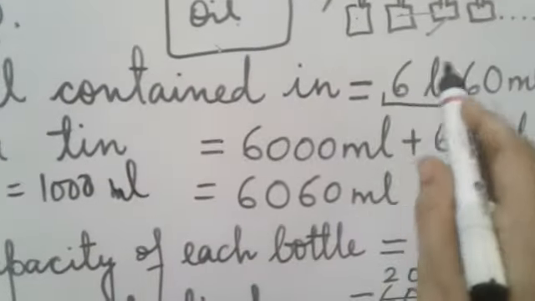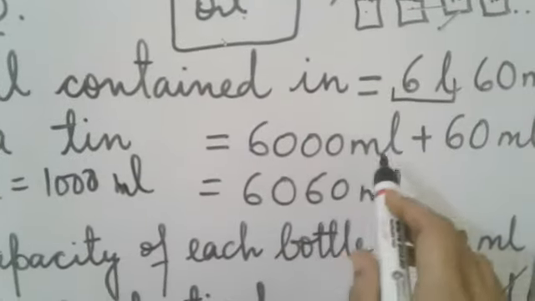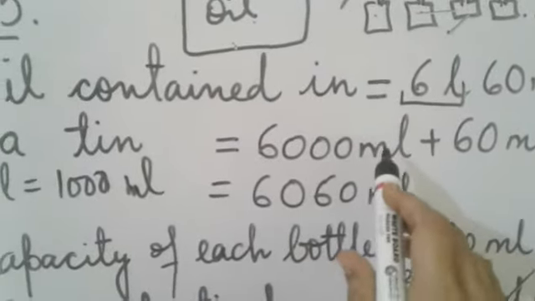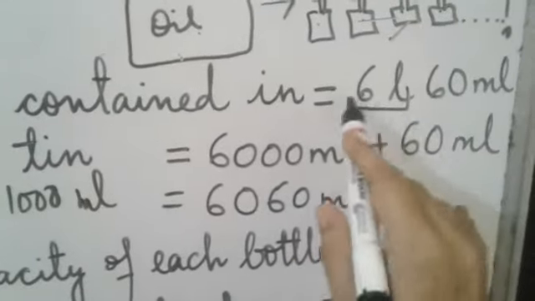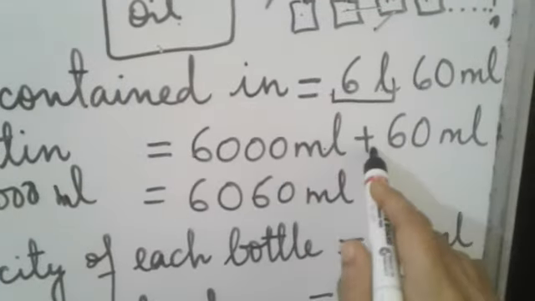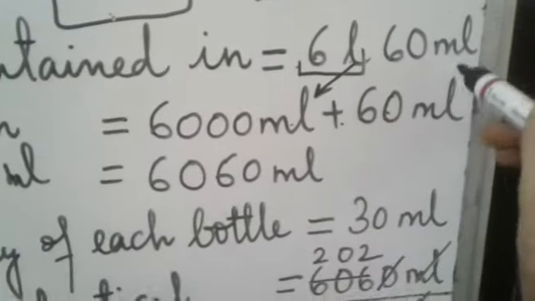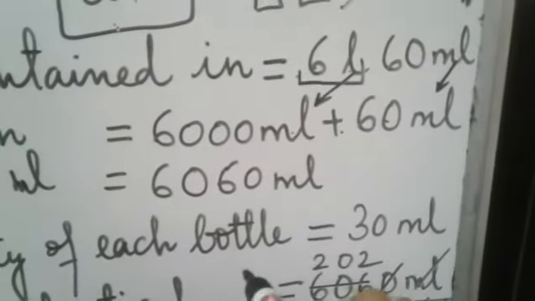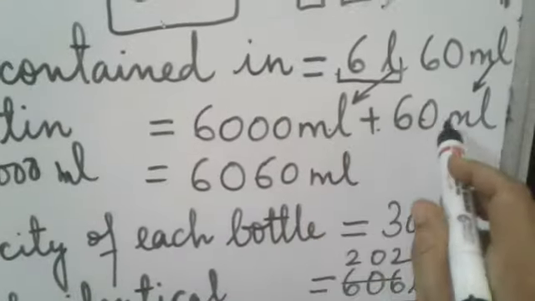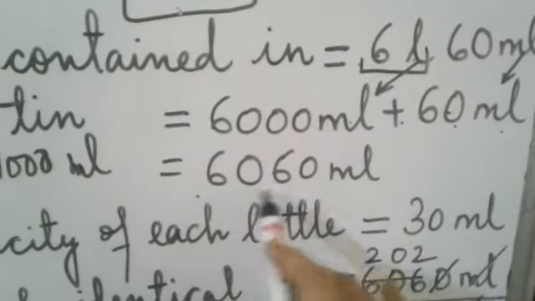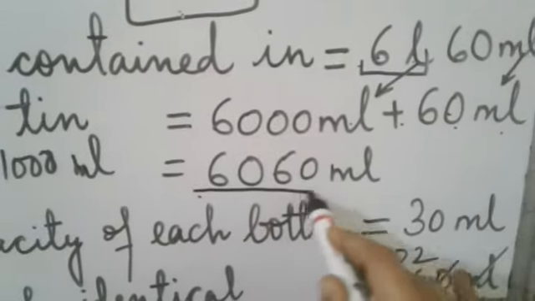So 6 liters is 6 multiplied by 1000, that is 6000 ml, plus 60 ml. So liters we have converted in ml. This was already ml, no need to convert. So 6000 ml plus 60 ml is 6060 ml.